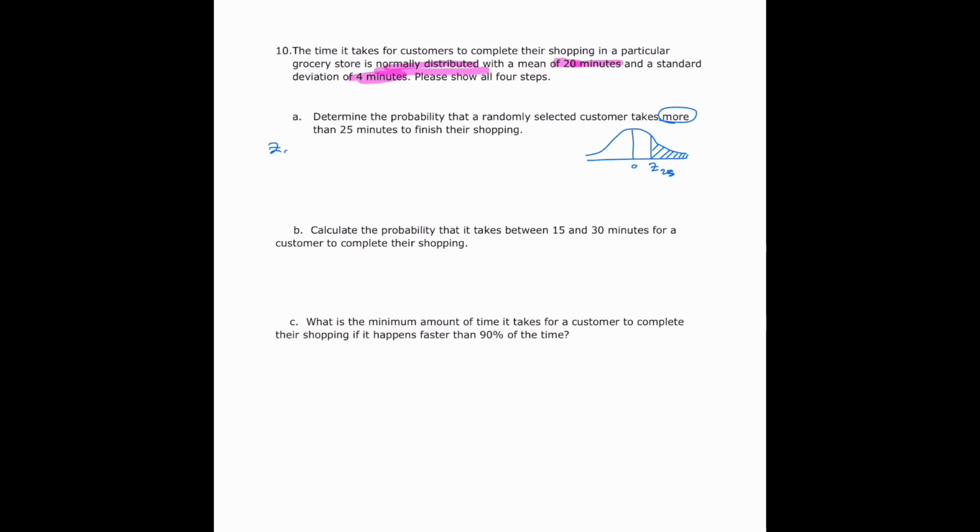So the z-score for 25 minutes is equal to standardize 25, comma the mean, comma the standard deviation, which is going to be rounded to 4 decimals. It is actually going to be exactly 1.25.